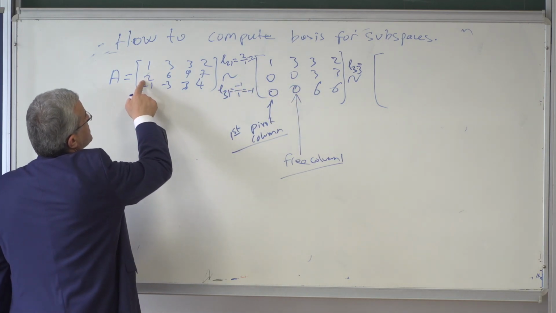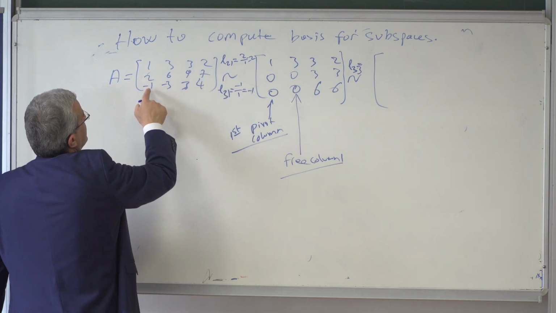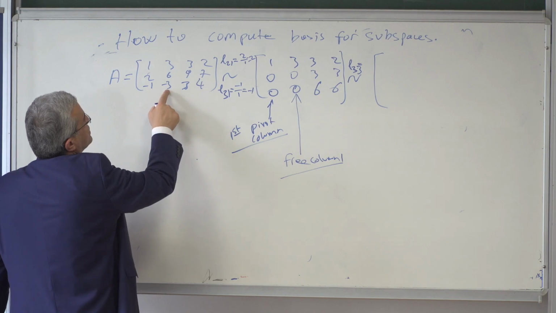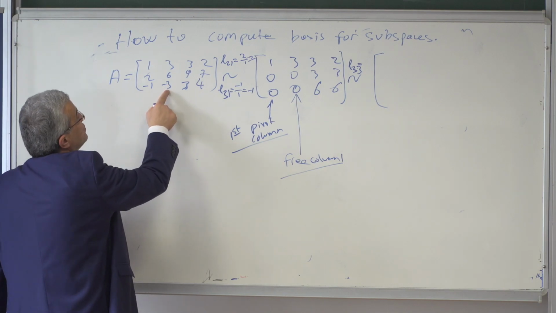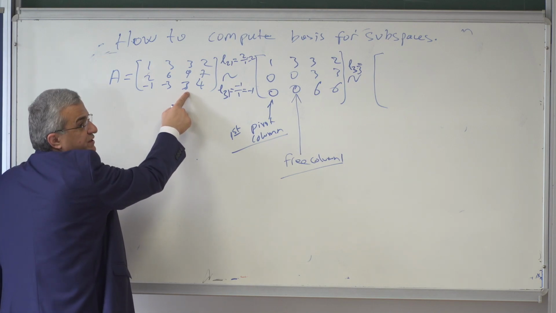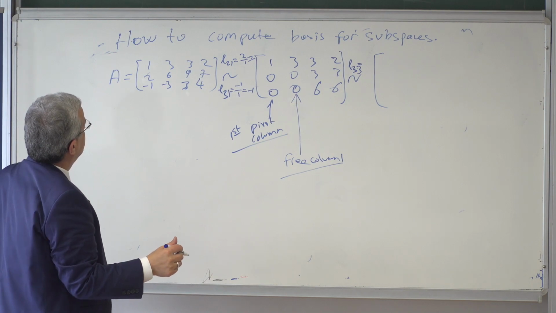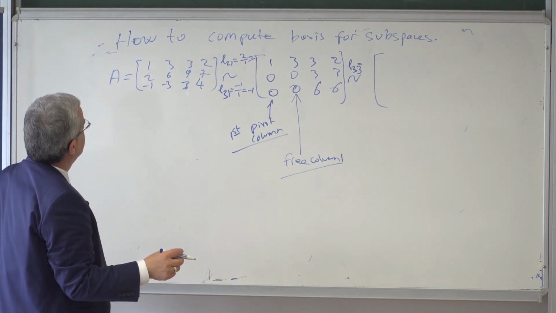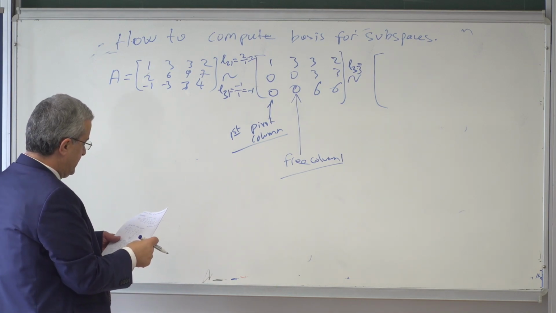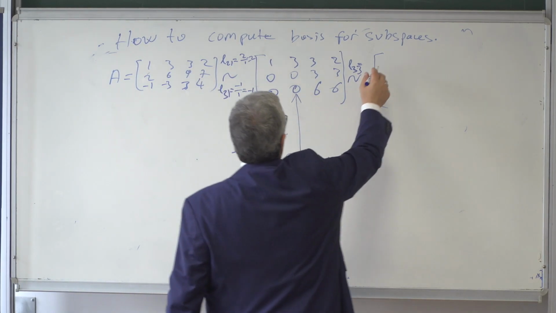When I want to kill this, I call this L21, I want to kill this, I call this L31, and for this one, L32. Anyway, so what is the result?